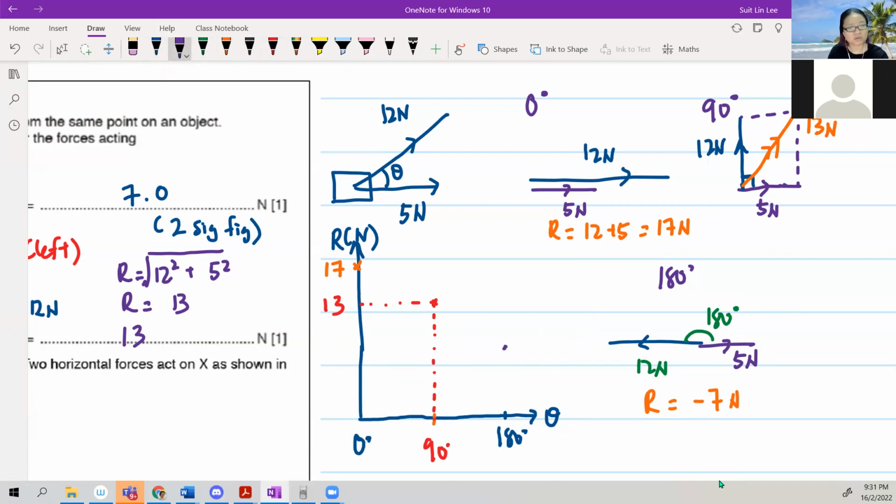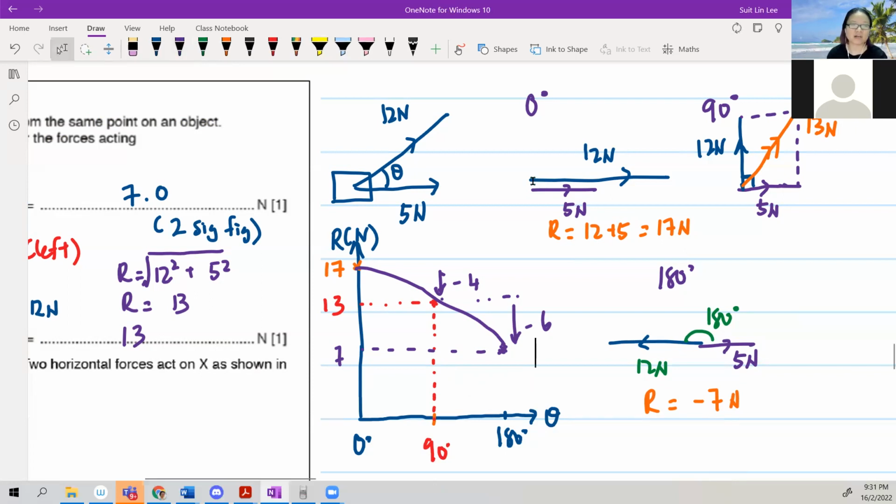So maybe somewhere here. This is 7. So the magnitude actually decreases this way. It's a slightly increasing gradient, because the drop here is -4 for the first 90 degree, and the drop here is -6 for the next 90 degree. So it's a curve of increasing gradient. Okay.